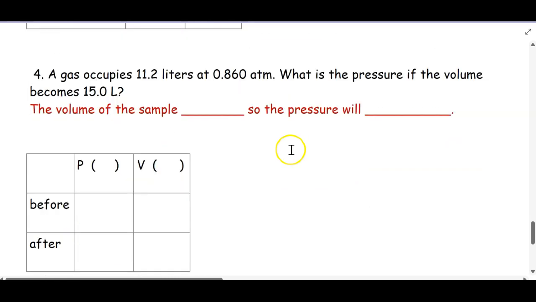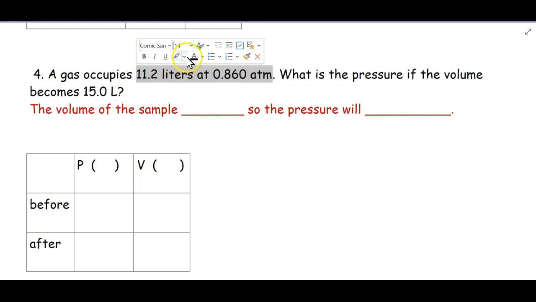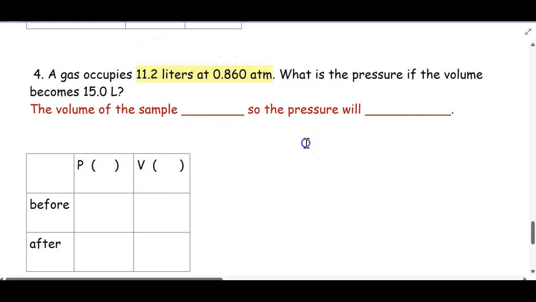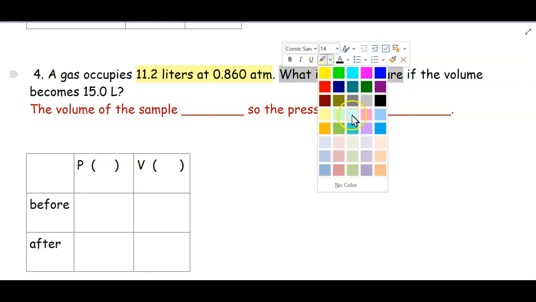So 4 says, a gas occupies 11.2 liters at 8.60 atmosphere. Oh, I love it when they put the conditions together like this. What is the pressure? What is the pressure indicates this is something new, right?